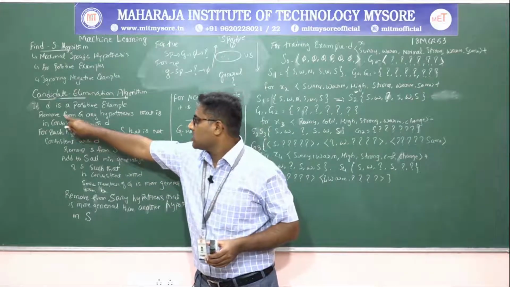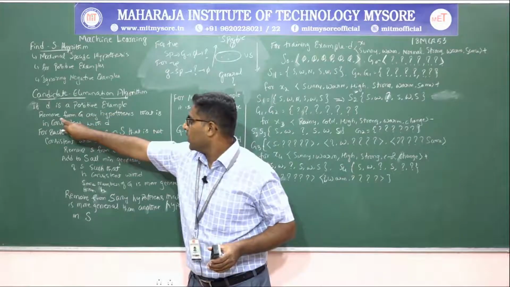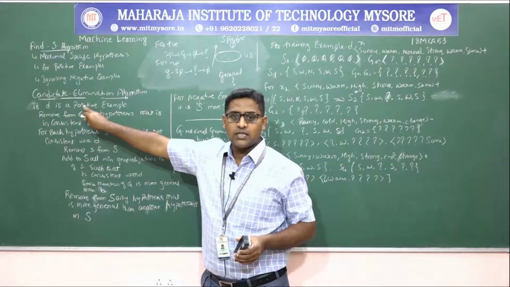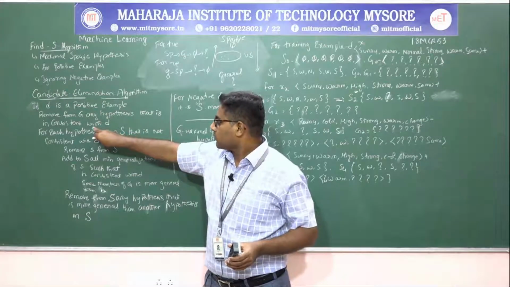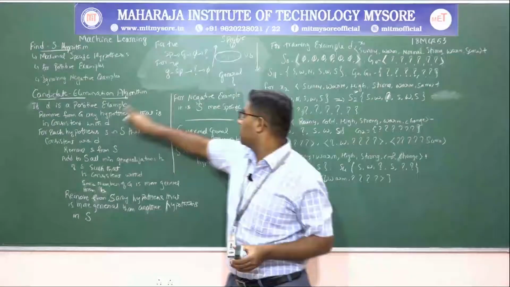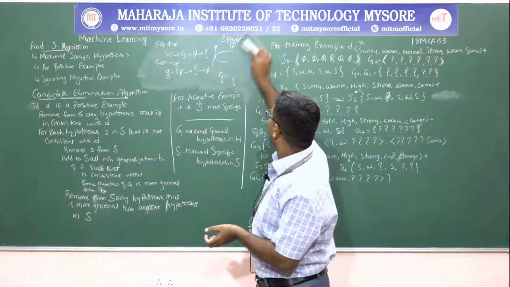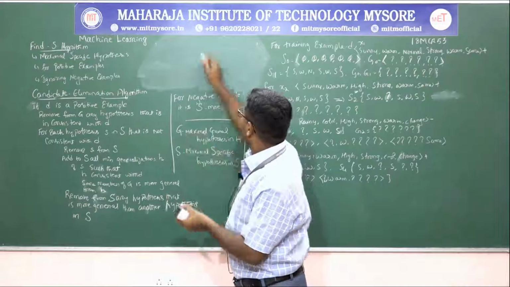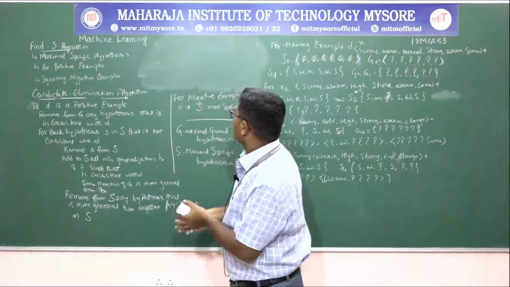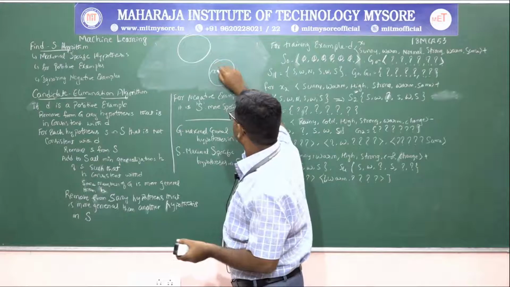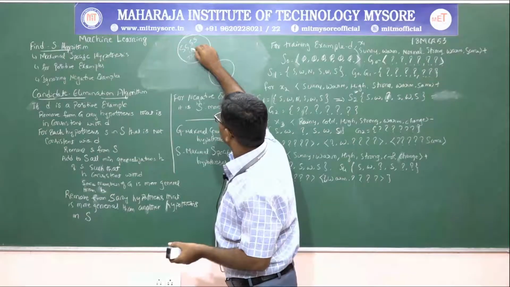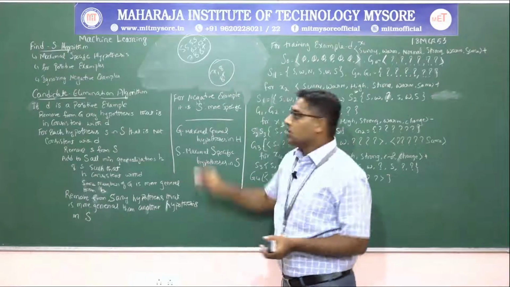For all the positive examples, if the data set D is a positive example, then remove from G any of the hypotheses that are inconsistent with D. So in the data set D positive example, we have to remove any inconsistent training set which is present in D. That means in the earlier example we have defined here, this is the data set.